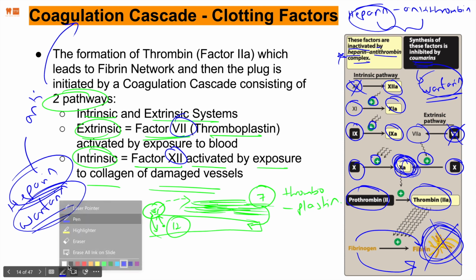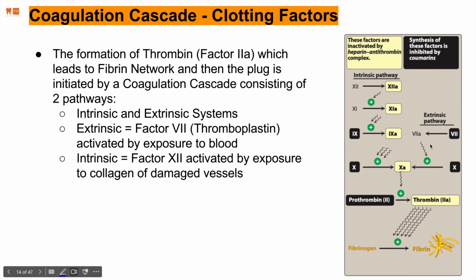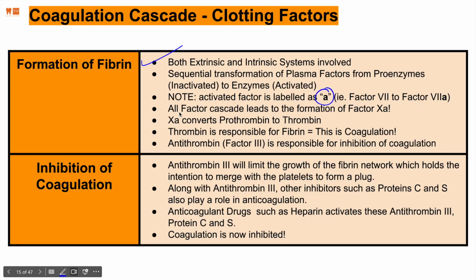Let me get rid of everything on the slide so it's easy to see. Right here, a normal number turns into a number with A. Number 10 turns into 10A. So what is that A? Activated factor is labeled as A. Therefore, a sequential transformation of these proenzymes to enzymes is associated with the letter A. For example, factor 7 into 7A.